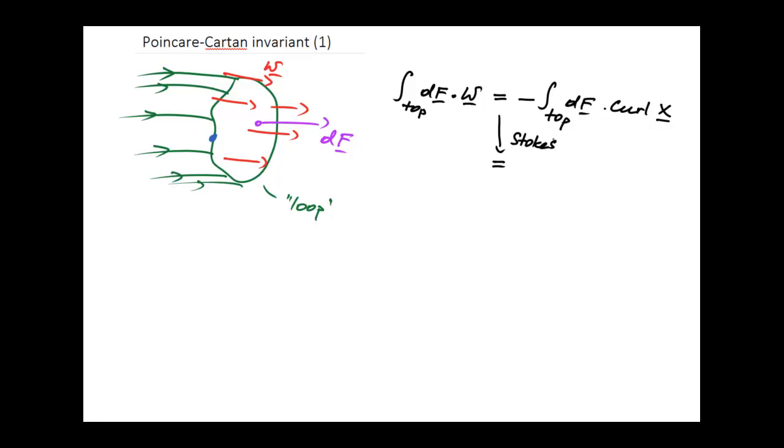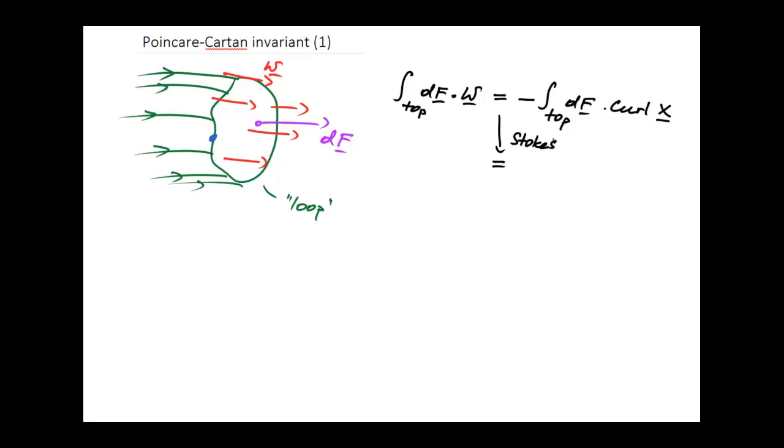And then we can use Stokes' theorem, which says that the flux through an area equals the line integral along the boundary of that area, around that area.